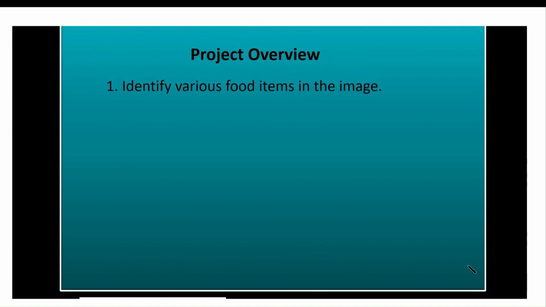Okay, so we're going to look at the overview of the project. Firstly, we'll look at identifying various food items in the image. The whole scenario is this: a user uploads an image of the food they want to consume. This app will help them identify the various food items in the image. So it will tell you if this is beans, if this is bacon, and this is vegetable, and all of that.